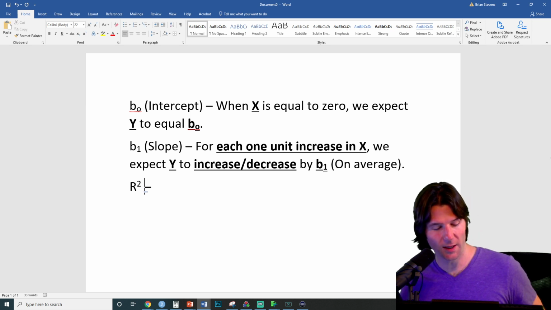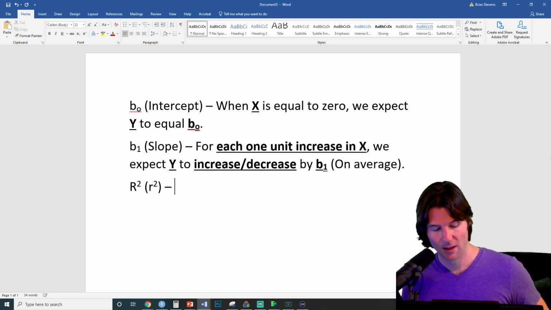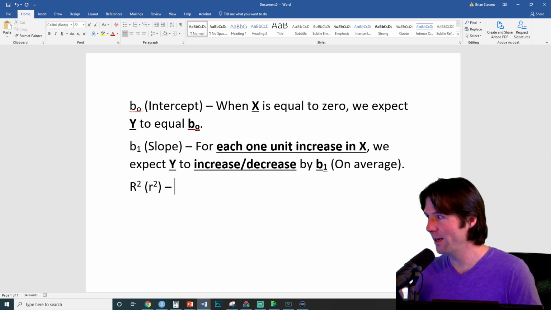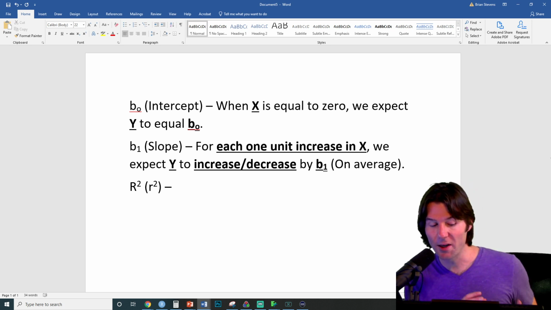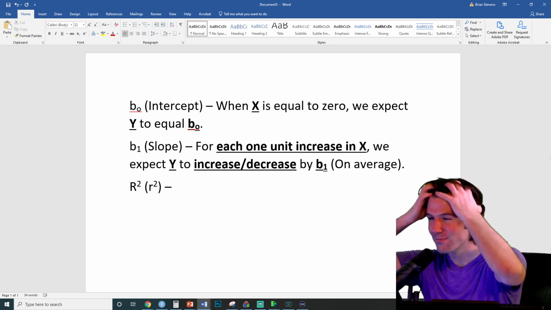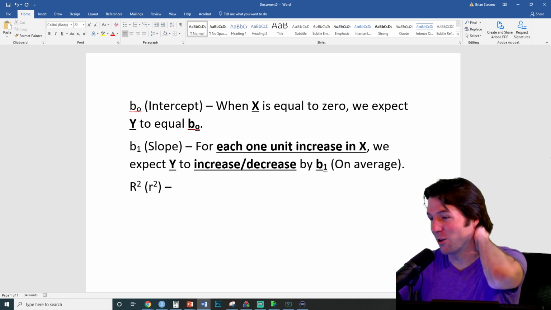But let's put a note right here that this is just this. So I hope that makes sense. Someone tell me what R squared is in words. What is R squared right here?